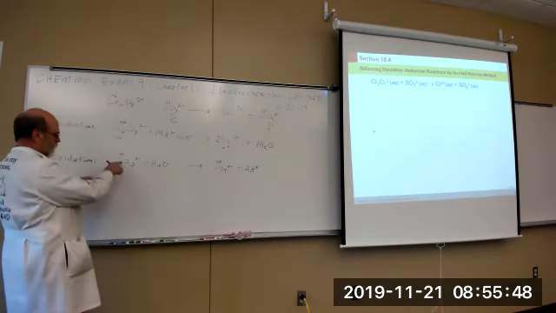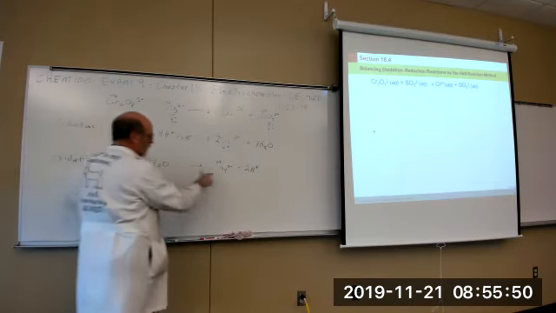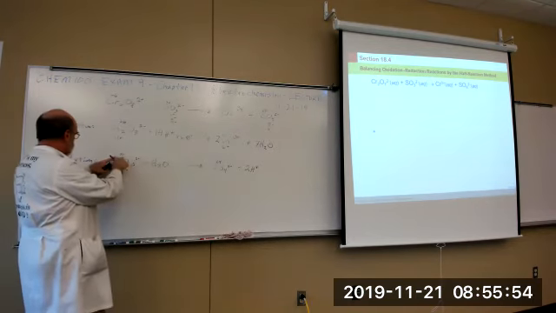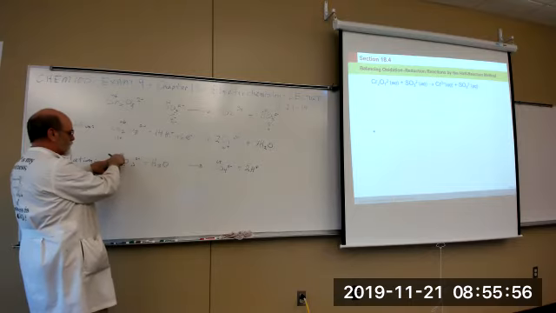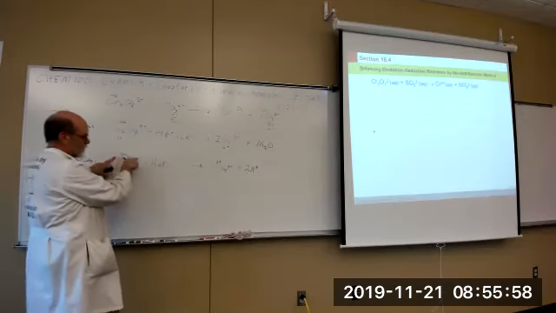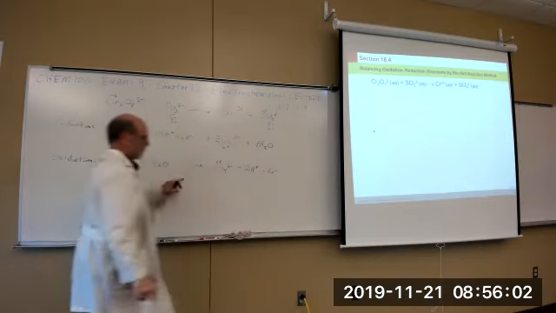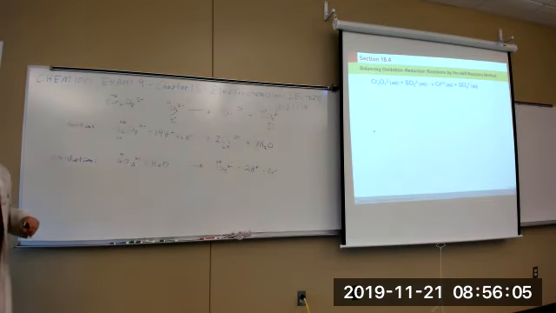Okay, how about this side? We went from 4 plus to 6 plus. So we lost 2 electrons in the process. Okay. Any questions so far?